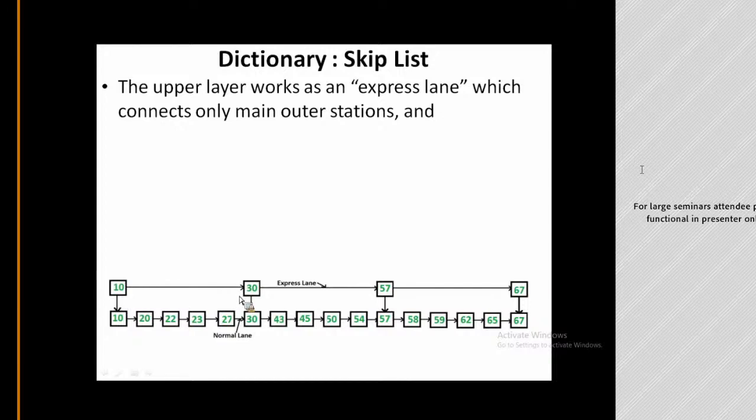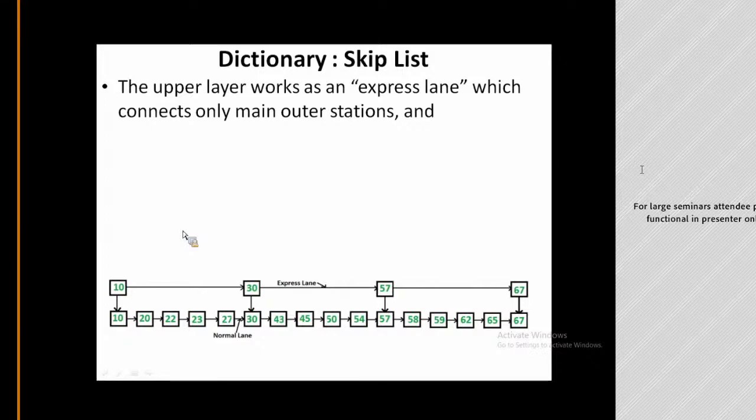You can't say, why can't the metro go to 43 directly? It is not possible. So we get down from 30 and go to 43. So the upper layer works as an express lane which connects only the main outer stations.